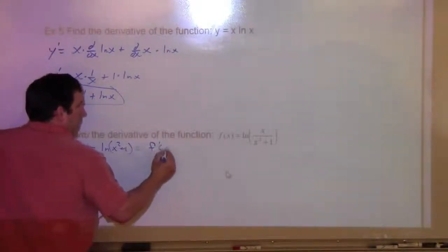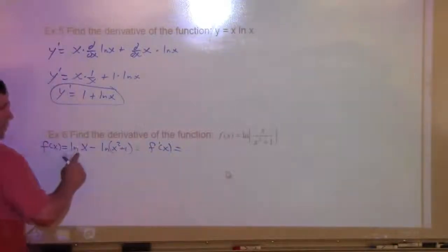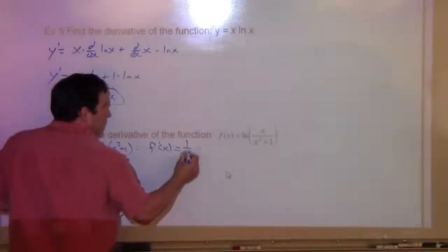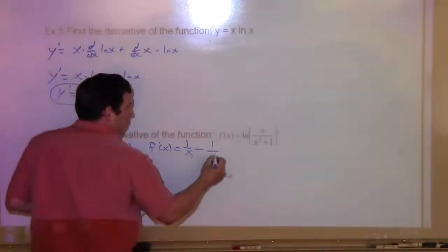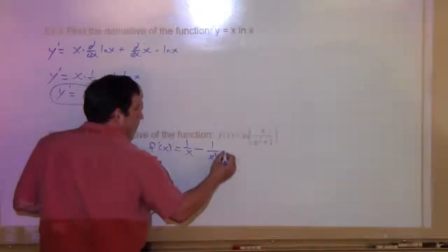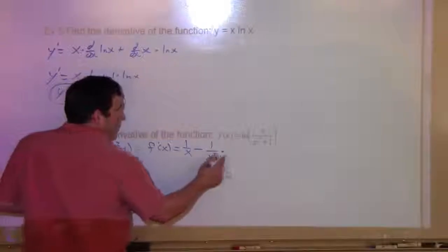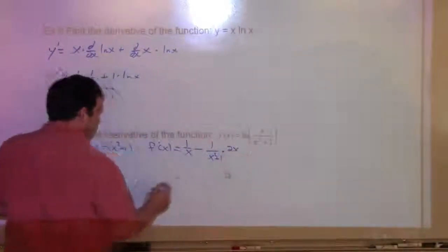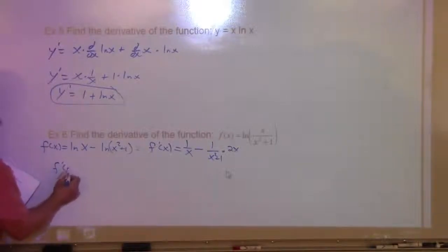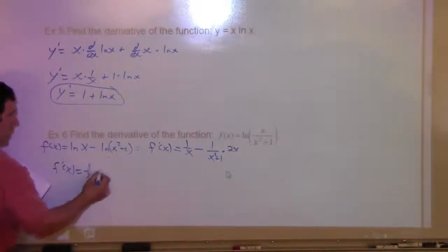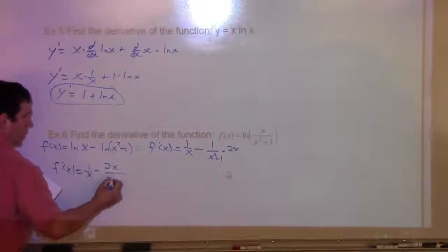So f prime of x is going to be what? Well, the derivative of natural log of x is 1 over x. And now this derivative is going to be 1 over x squared plus 1 times the derivative of x squared plus 1, which is 2x. So f prime of x is 1 over x minus 2x over x squared plus 1.